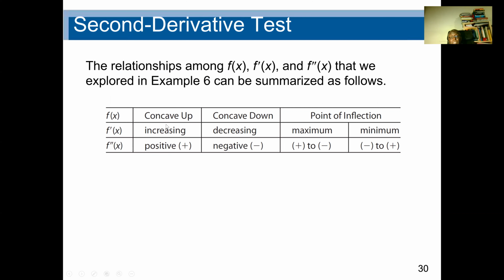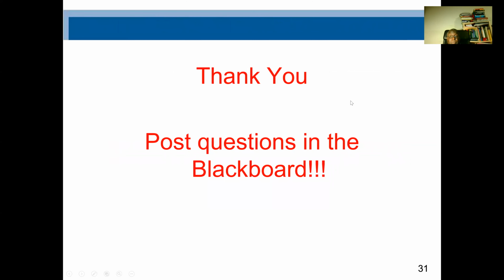Concave up means increasing and positive. Concave down, decreasing, negative. A point of inflection is either a maximum or minimum value. And it's a maximum when we are moving from positive to negative, which means increasing to decreasing where it changes. Or the opposite, decreasing to increasing where it changes.